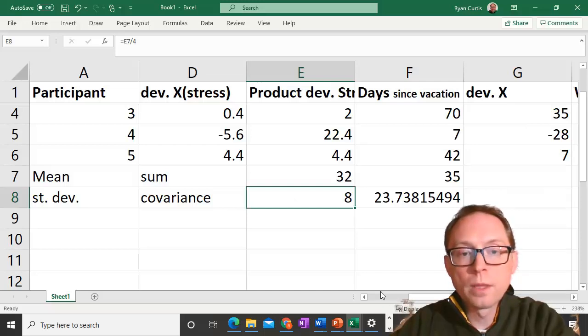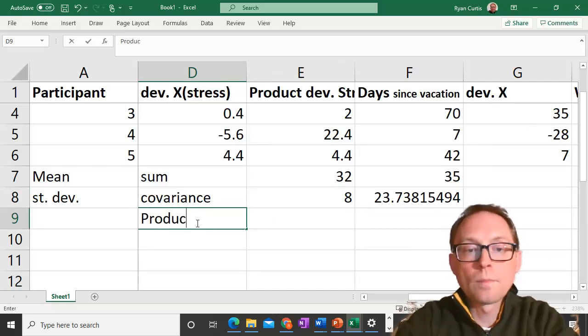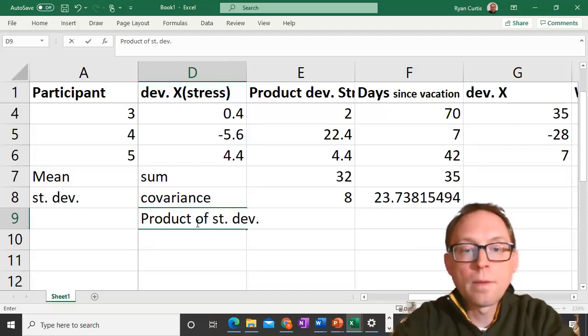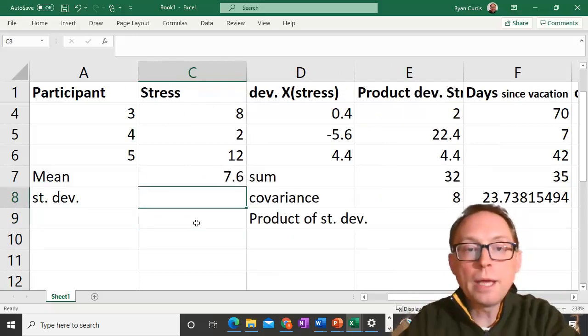Now we need to get the product of the standard deviations for stress and weeks.